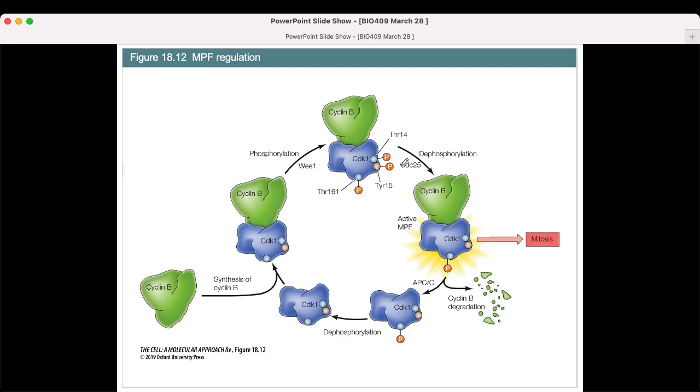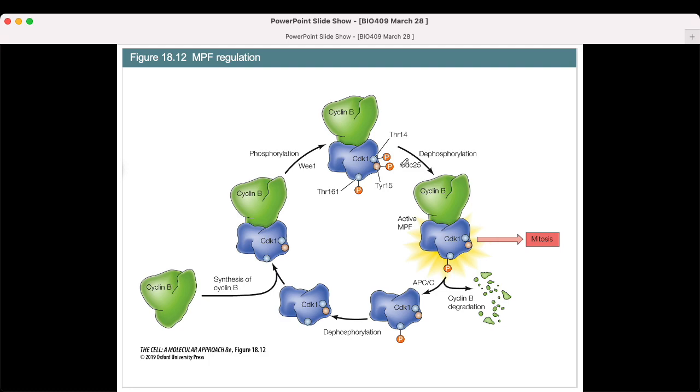Here we get to start seeing these phosphates. It turns out that there are both activating and inhibiting phosphates. See these numbers here? These are the specific amino acids along the primary amino acid sequence. So that's the threonine in position 161, and it's a target for phosphorylation. Some of the phosphates are activating phosphates, and some are inhibitory phosphates.